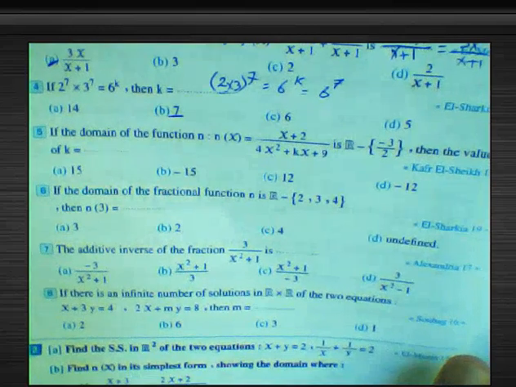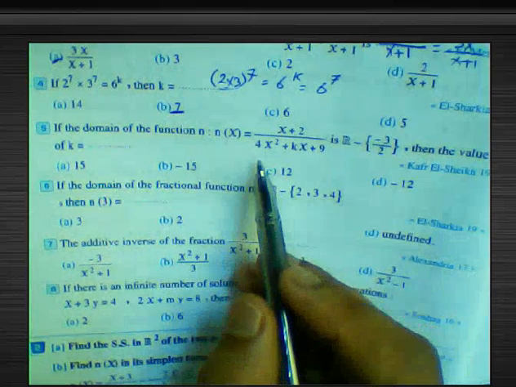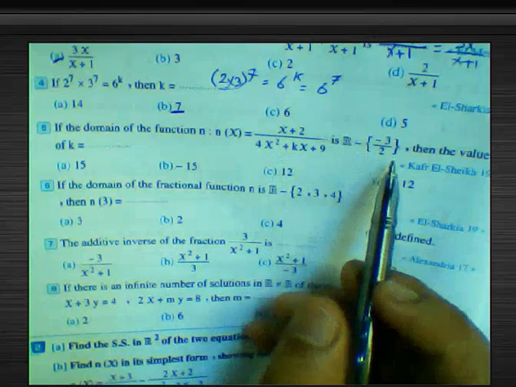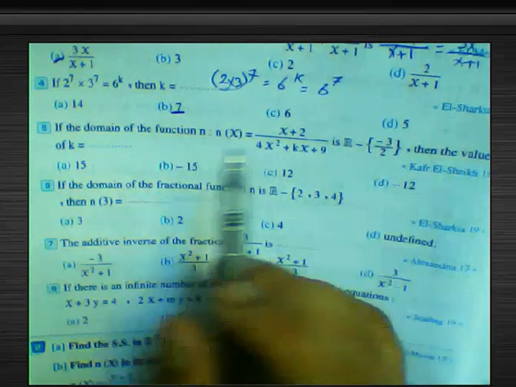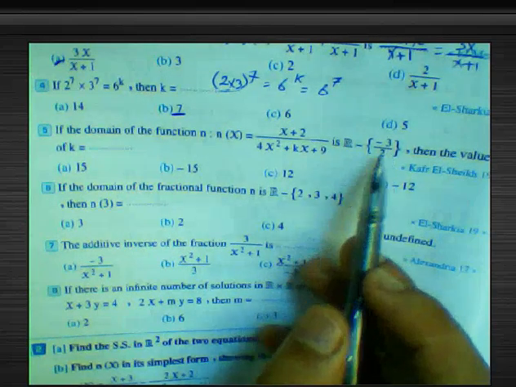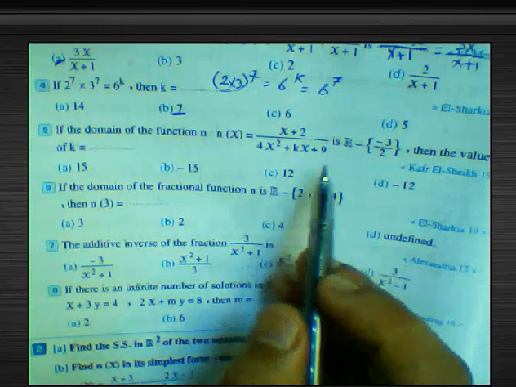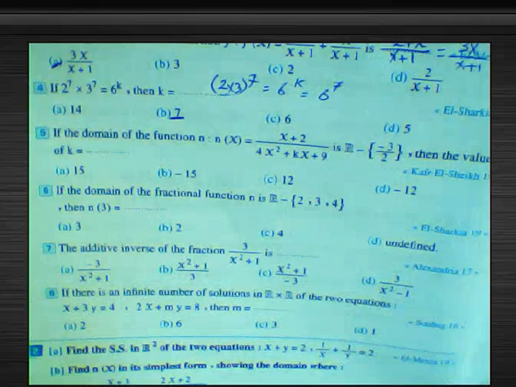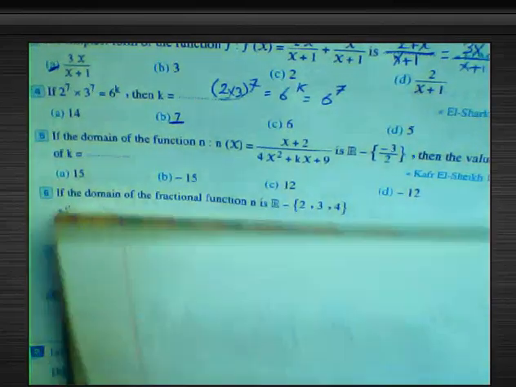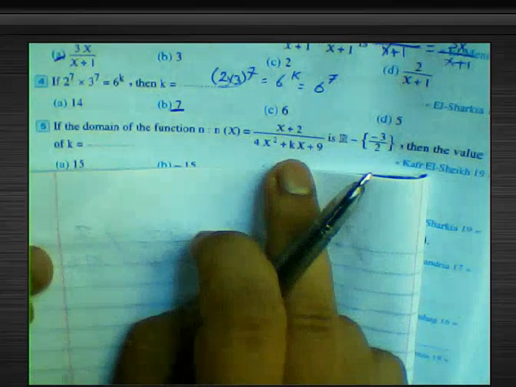Question number 5. If the domain of the function n of x equals x plus 2 over 4x power 2 plus kx plus 9 is R subtract negative 3 over 2, then the value of k equals... We know if you put negative 3 over 2 here in the denominator, the result will be 0.